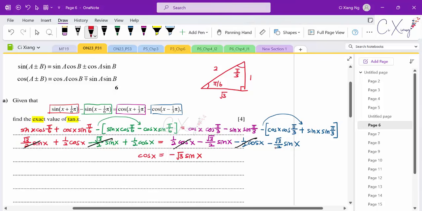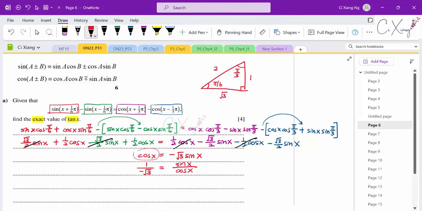Okay, then after that, they want you to find out the exact value for the tangent, right? So to get the tangent, you need to bring the cos over. Okay, become divide. So you're having sine x divided by cos. Then when you bring the cos over, you still have a 1 here. So I want to bring the negative square root 3 over to become negative square root 3 at the denominator.